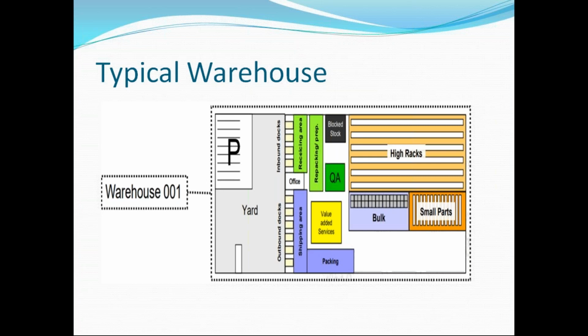Then after the packing, there can be value added services. So it depends upon the business to do value added services. That means extra packing or packing with particular items. All these things come under value added services. After this, it will be moved onto the shipping area for the outbound process.